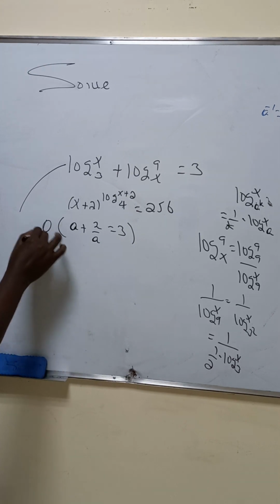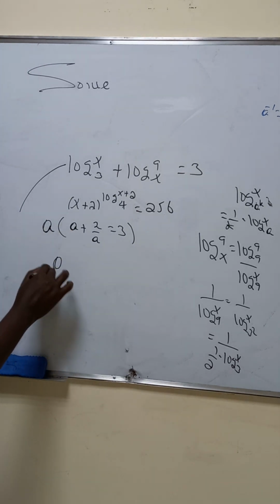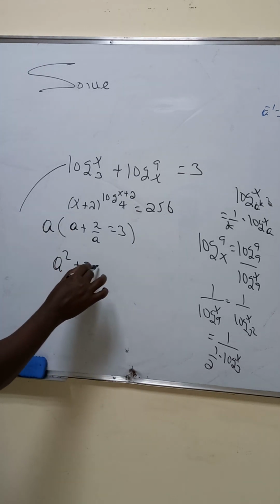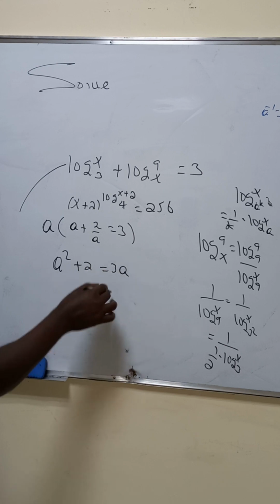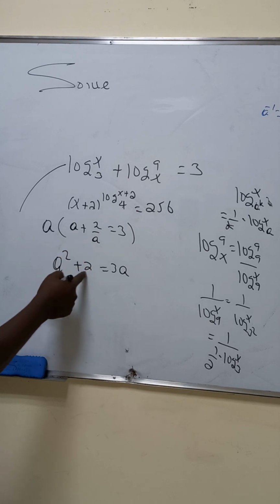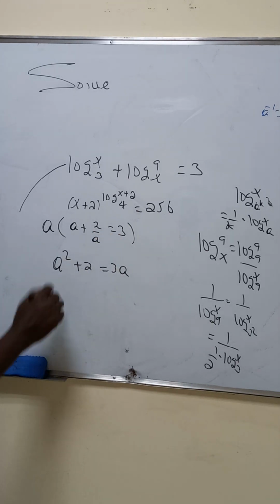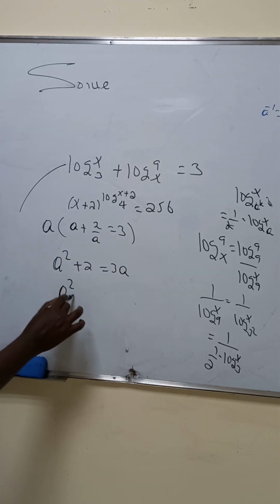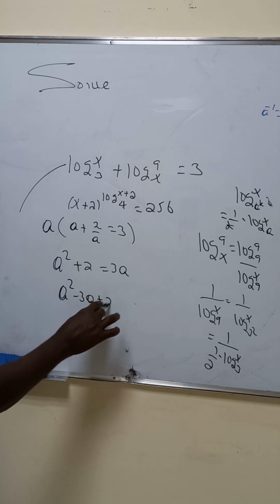We get a squared plus 2 equal to 3a, since a times a is a squared, a times 2 over a is 2, and a times 3 is 3a. So now a squared minus 3a plus 2 equals 0.